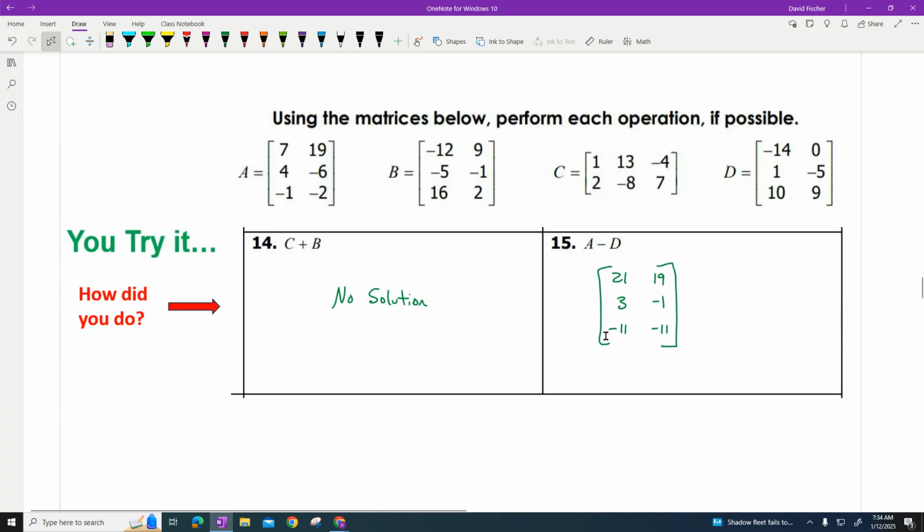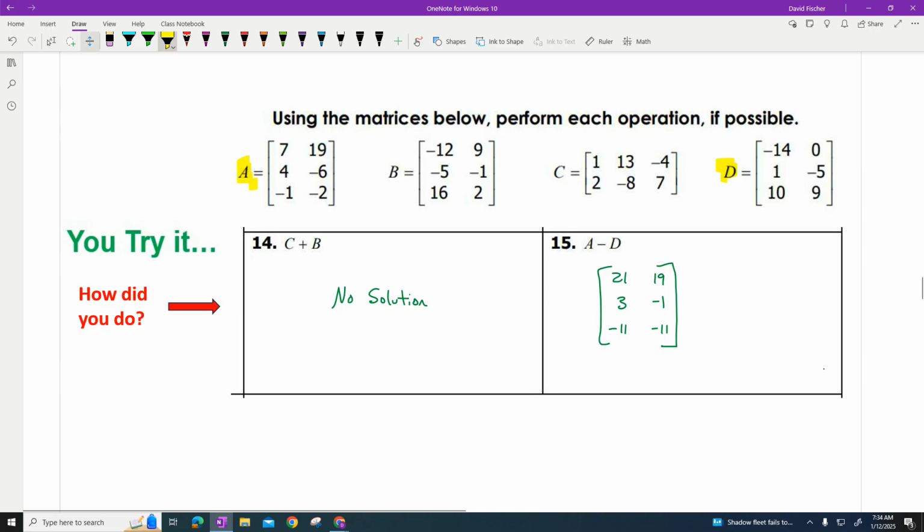I think I got my answer on the next one. I sure do. So we're looking at A and D. It's a 3 by 2, and that's a 3 by 2. So I can do that math. So I took negative 14 minus 7. I'm not sure I like that one.